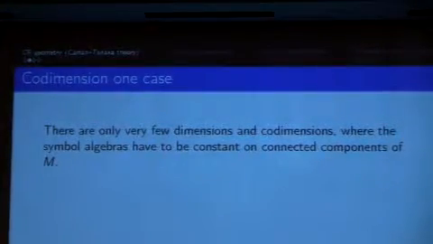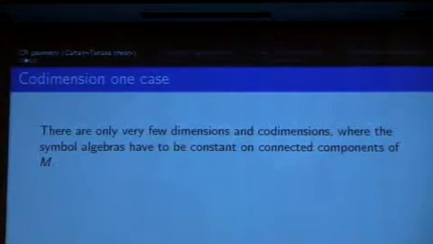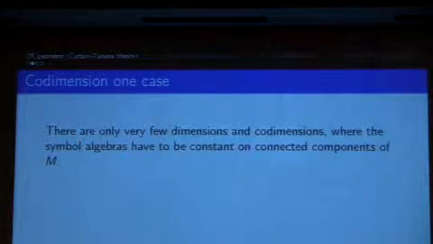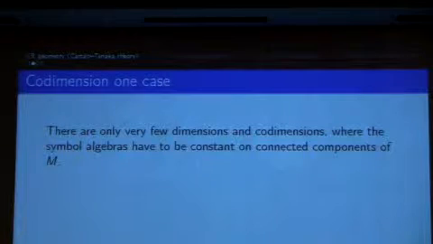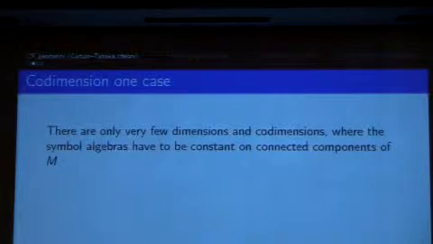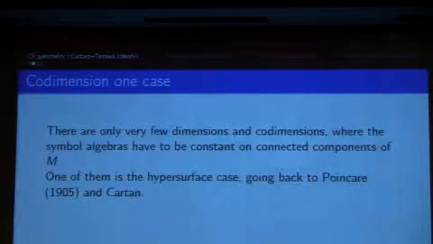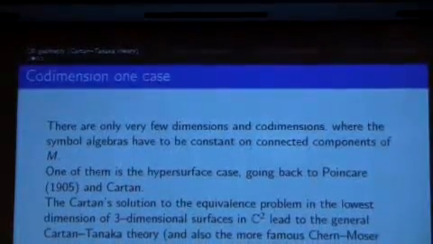Actually, there are very few dimensions and codimensions where the symbol algebras have to be the same pointwise locally, and if it happens, then we have a much more powerful machinery at our hands to study them in the way how Cartan did it already in the beginning of the century, following Poincaré's question, and which was then built into a full theory by Tanaka much later, although not very much noticed.